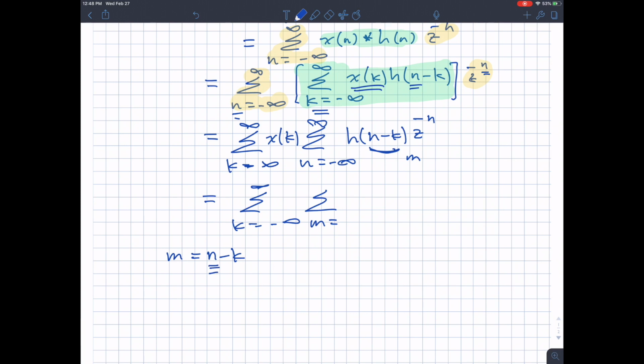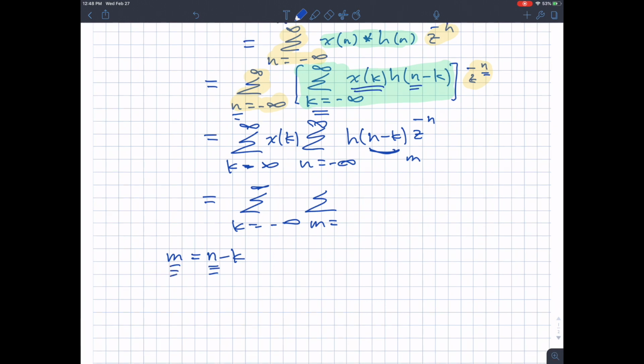As n goes to minus infinity, m would also be at minus infinity. Minus infinity minus k is still minus infinity, so the limits of the summation don't change. When n is positive infinity, m is also positive infinity. You did things like that when you changed limits on integrals. Same thing happens with sums.